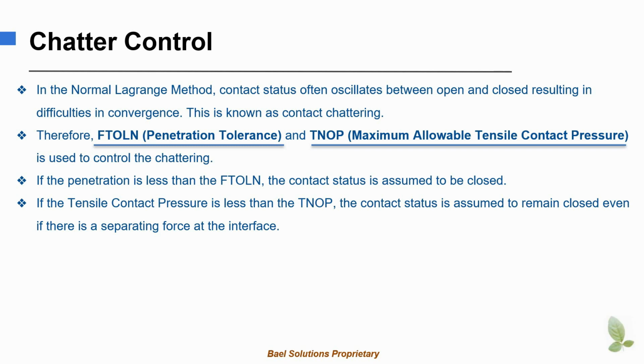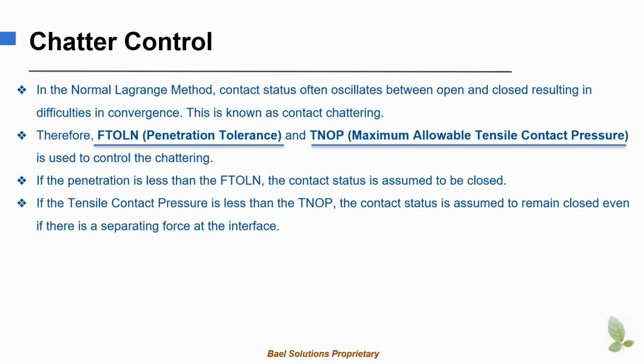Note that ideal contacts do not support tensile load, and they separate to open the contact, as the tensile force is generated at the contact interface. Maximum allowable tensile contact pressure is the tolerance provided to keep chatter under control by delaying the change in contact status from closed to open.